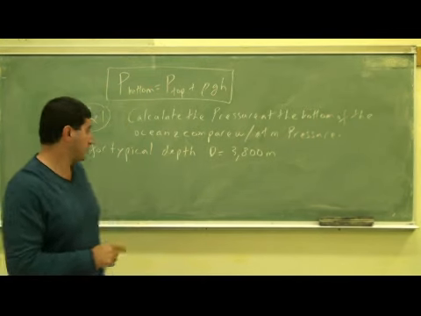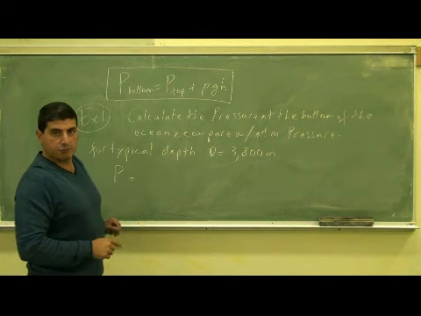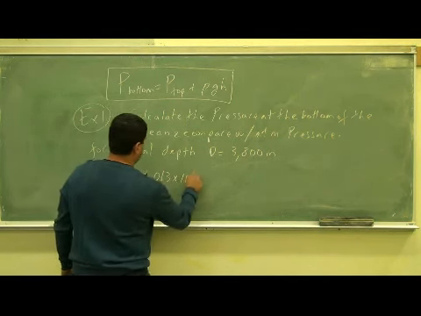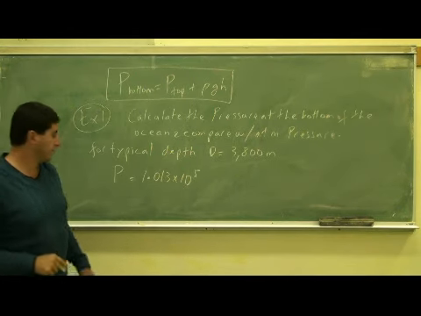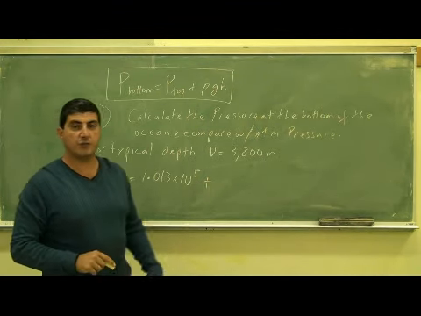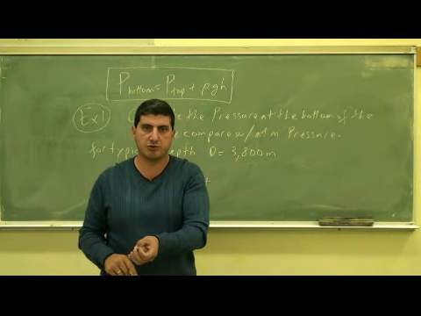So what would the pressure be? The pressure would be the pressure at the top, which is atmospheric, 1.013 times 10 to the 5th pascals. We talked about that last time. And then the density of the ocean, if we assume it's seawater, is going to be a little bit more dense than 1,000, right?